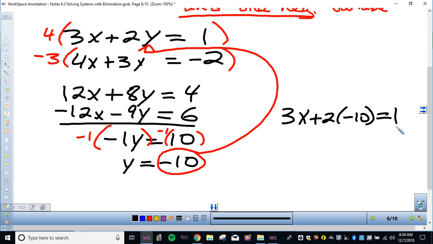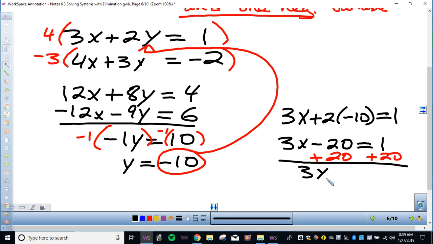Zoe, tell me what to do. And what do I get? Negative 20 equals 1. What's the next step? Add 20 to both sides, and then divide by 3.